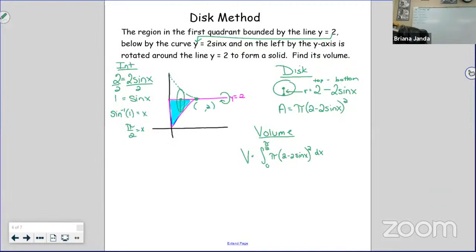I'm not going to leave this in terms of pi. Just get a decimal equivalent for this one.